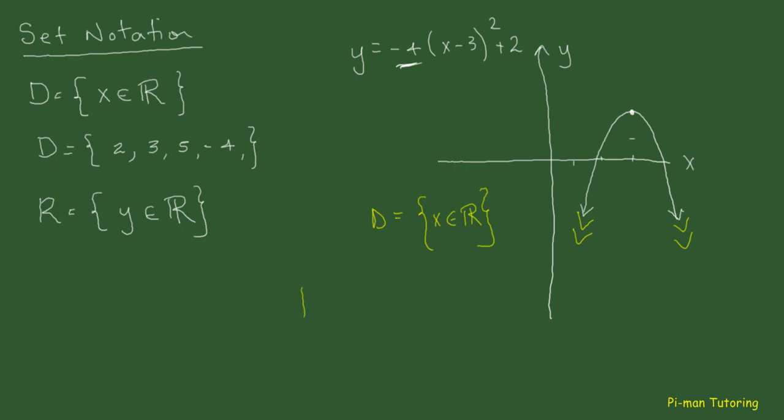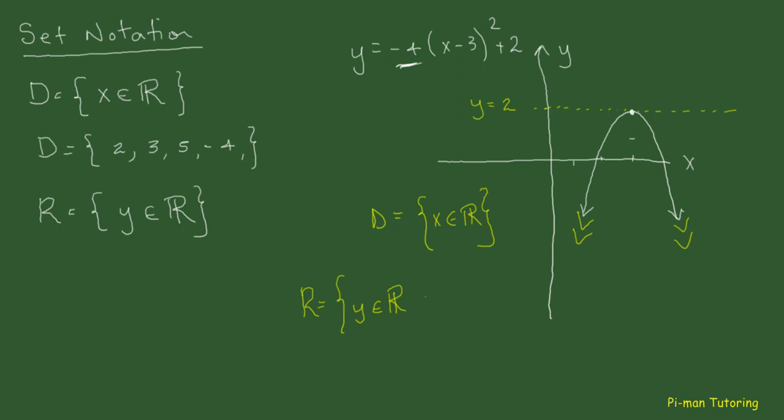Now, what about the range of values? What values of y am I allowed to have? Well, y can be any real number, as usual, but we have a restriction because clearly y never goes above the vertex here. And that vertex occurs at y is equal to 2.